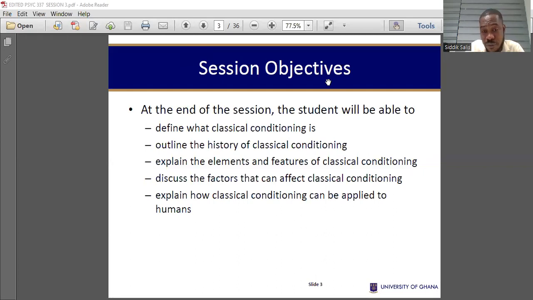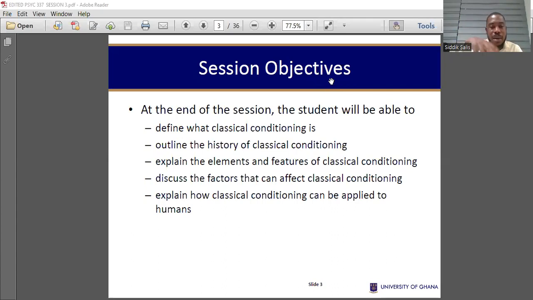Don't forget that this is a revision, and therefore I'll be skipping some parts that I would deem not too relevant at this point. So we'll also be talking about this. Explain the elements and features of classical conditioning. How do we identify classical conditioning? That is the features. And then the elements.